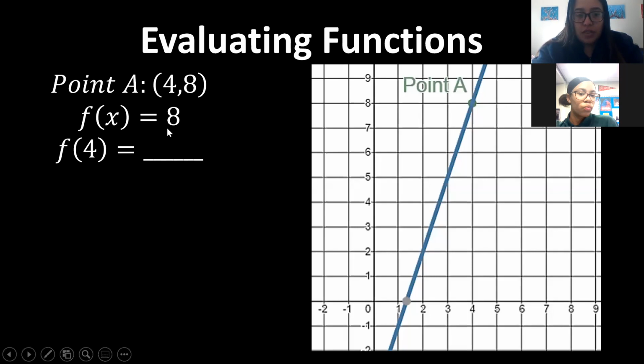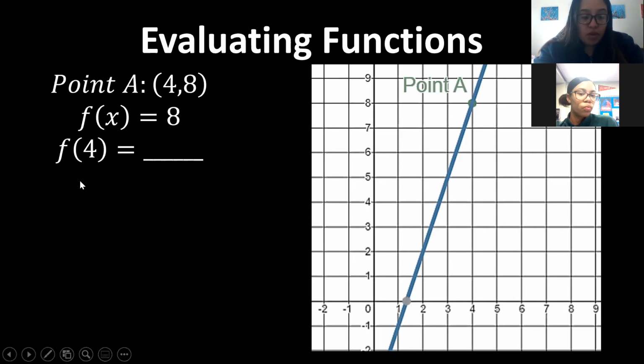In this case, we're given the y value. So I would need to go to y equals 8 on my axis. Remember, this is our vertical axis. And I would need to find where the point is. So here is 8 on the y-axis. I would go right, boom. When I hit point A, I need to figure out what the x value is. And I would go down to 4 to see that.